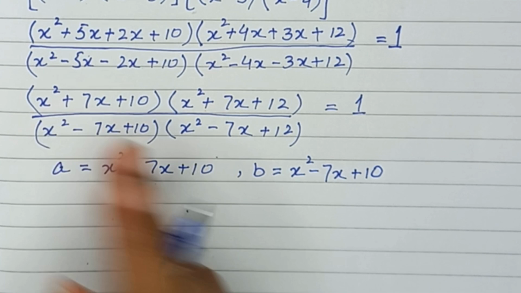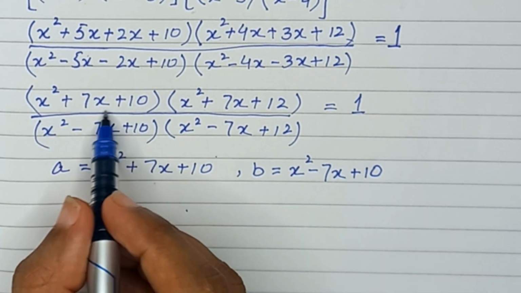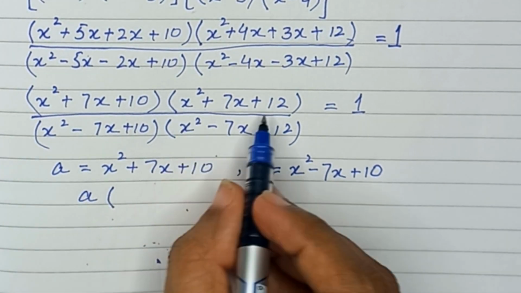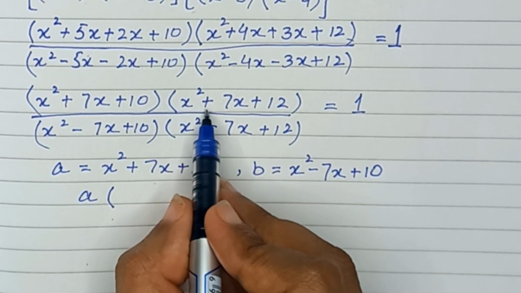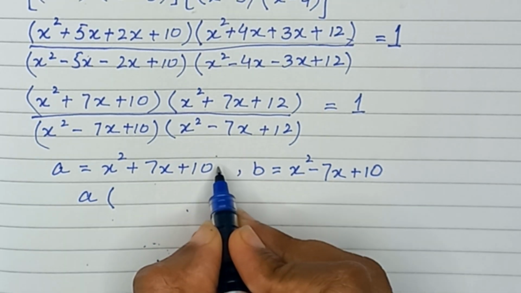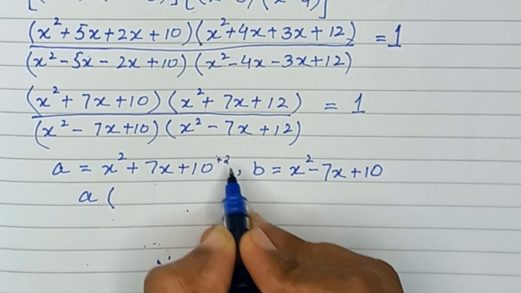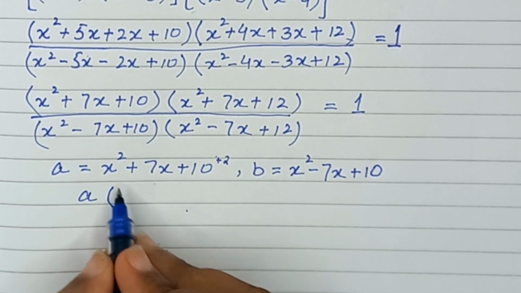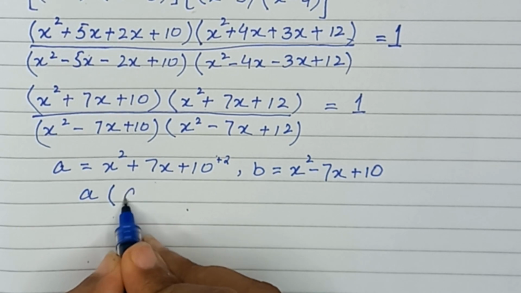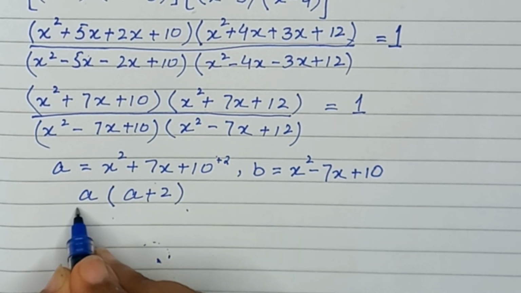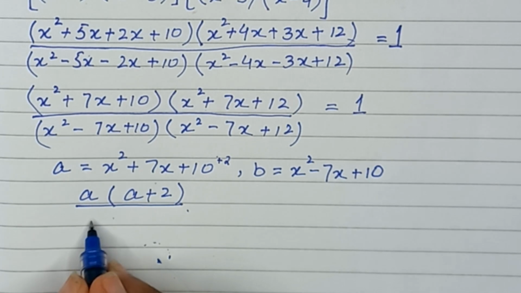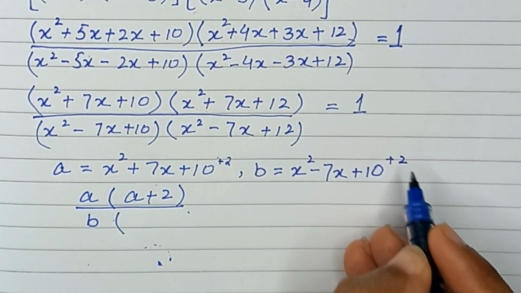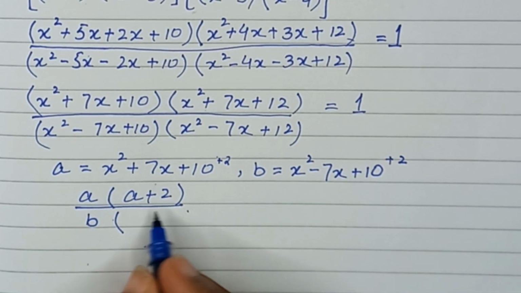So x square plus 7x plus 10 is a, and if we add 2 here, it will become x square plus 7x plus 12, so it will become a plus 2, divided by b, and same case here, if we add 2 it will become b plus 2.